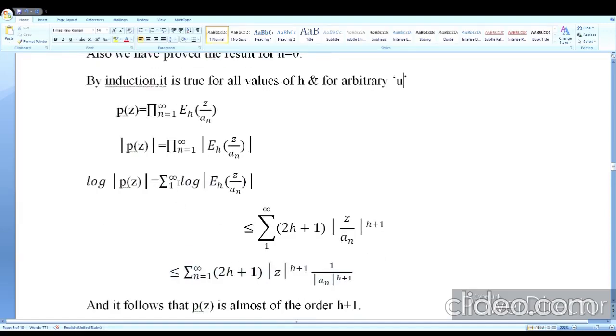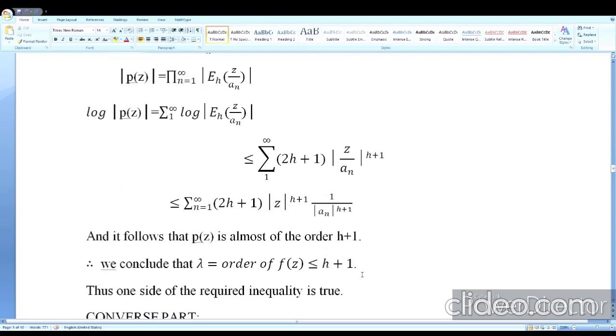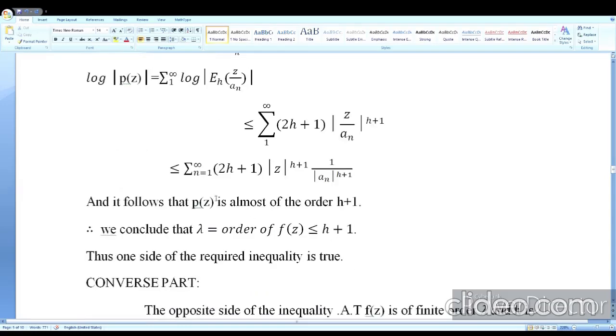Now we use inequality 1, so we get less than or equal to (2h plus 1) modulus of z by a_n to the power h plus 1, or we can write modulus of z power h plus 1 by modulus of a_n to the power h plus 1. So P of z is of utmost order h plus 1. So, order lambda is less than or equal to h plus 1. That is, one side of the inequality is true, the right side inequality we have proved.